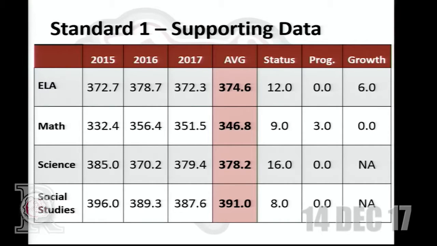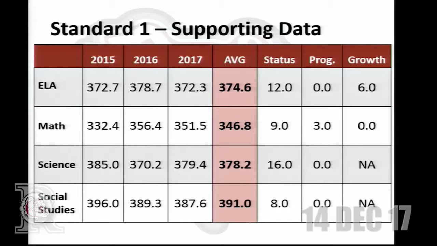Okay? We do earn points for our performance. If we were to be in the 2020 target, a perfect score is 16 points for ELA. The on-track status earns us 12 out of 16. So you see where I have status 12.0. That represents 12 points for being in the on-track category.